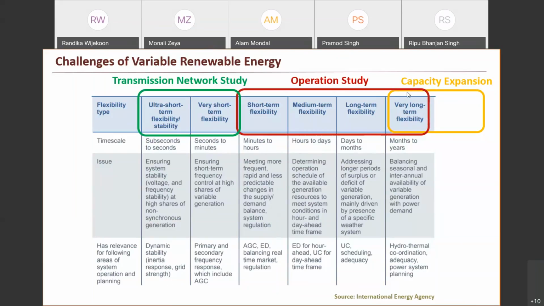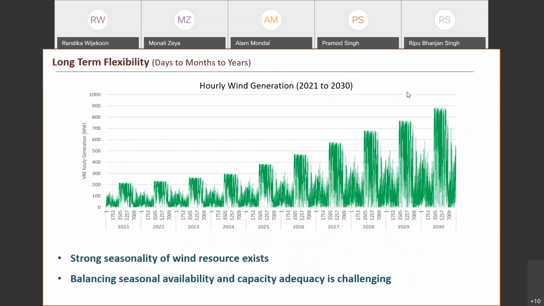There are short to medium-term flexibility challenges that mainly deal with system operation, and there are very short-term flexibility challenges that deal with system stability and so on. I will take you through our understanding of these challenges from our Sri Lankan system's perspective, working my way from the long-term challenges to the short-term challenges in the next few slides.